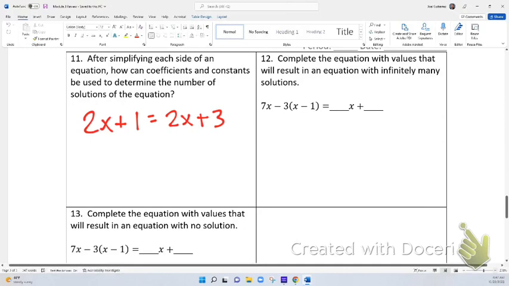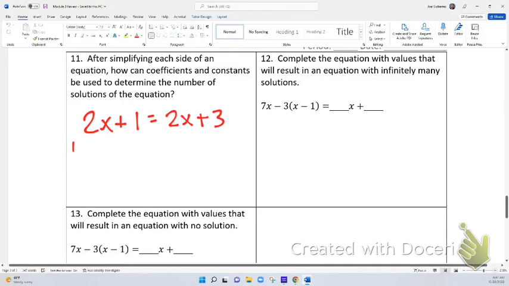We said that if the coefficients are the same and we have different constants, then that would give us a no solution. If the coefficients are the same and the constants are the same, then that would be an example of infinite solutions. So what this is asking is, how can coefficients and constants be used to determine the number of solutions?